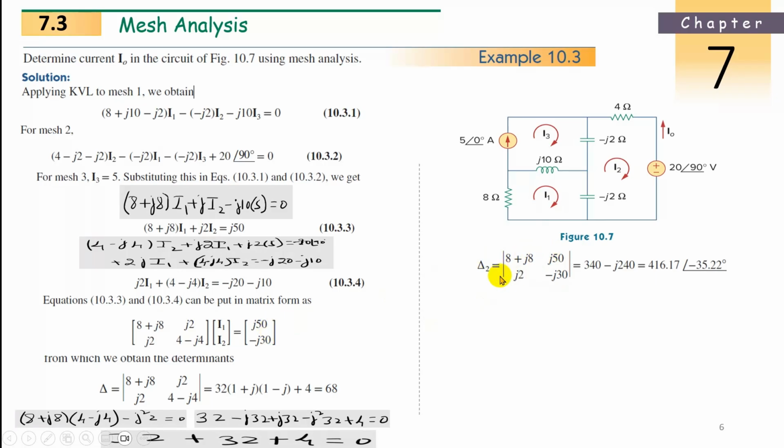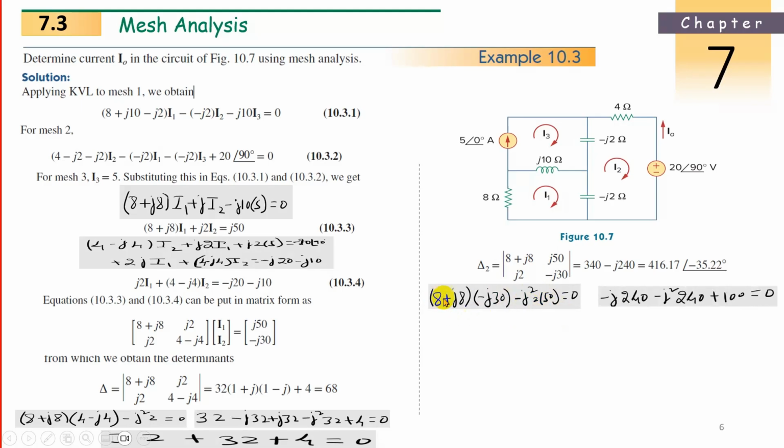Now determinant 2 is nothing but diagonal multiplication minus other diagonal multiplication. So the diagonal multiplication is (8 + j8) multiplied by (−j30), minus j squared times 2 into 50. So 2 into 50 becomes 100, and j squared is minus 1; minus of minus is plus, so plus 100 will be there.